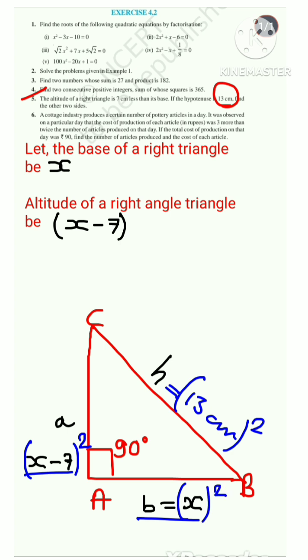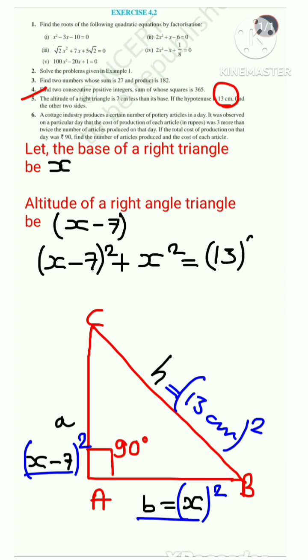Okay, same thing we can write over here, sum of square of altitude, x minus 7 square, plus square of base, that is x square, is equal to square of hypotenuse, and hypotenuse we have 13, so 13 square.